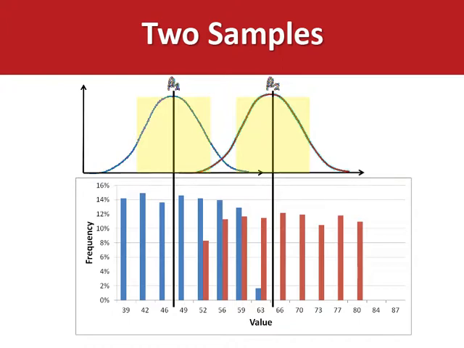If, as is the case here, the confidence intervals do not overlap, we might feel that it's reasonable to conclude that the blue sample, sample 1, and the red sample, sample 2, have different sampling distributions.